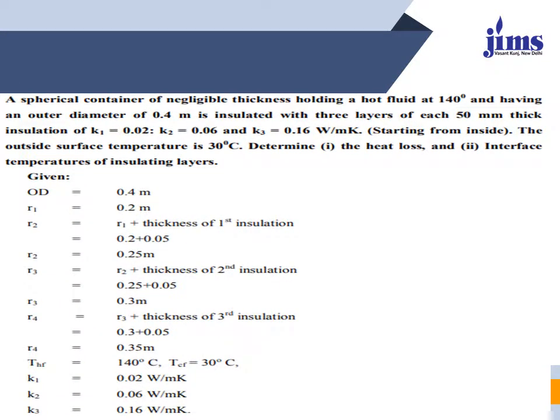So the next problem is related to conduction, and in this problem we have considered a spherical container. So the question is, a spherical container of negligible thickness holding a hot fluid at 140 degree centigrade and having an outer dia of 0.4 meter is insulated with 3 layers of each 50 millimeter thick insulation of K1 is equal to 0.02, K2 is equal to 0.06 and K3 is equal to 0.16 watt per meter Kelvin, starting from inside.